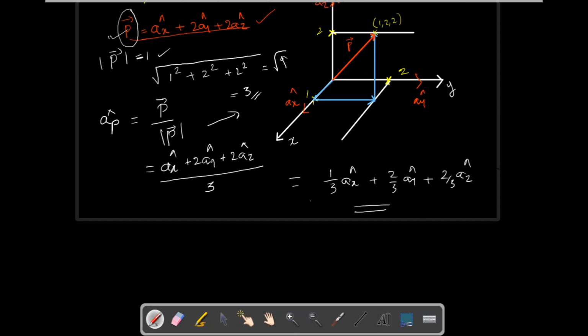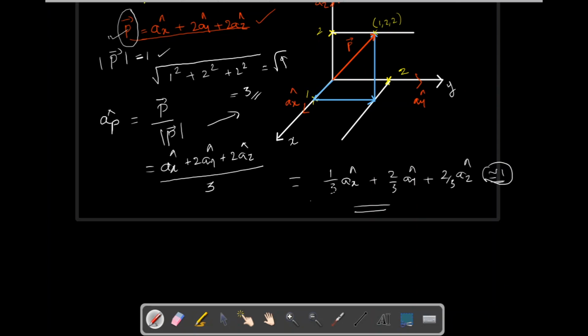If you want, you can verify that the magnitude of this will be equal to 1. So this is a unit vector. Now I have specified the given vector, and I have found the unit vector in the direction of p vector. In this diagram, how do we notate this unit vector? The procedure is the same.